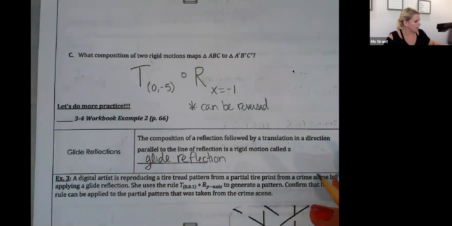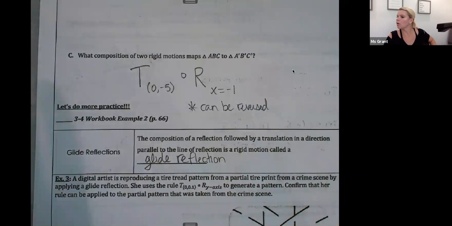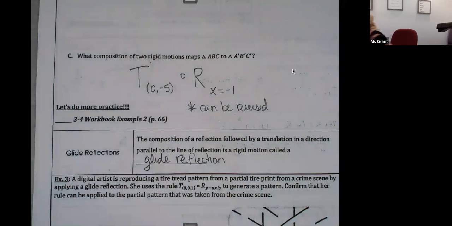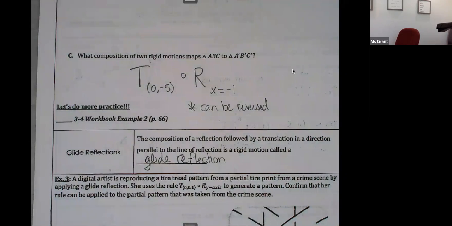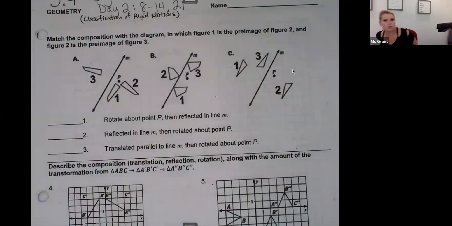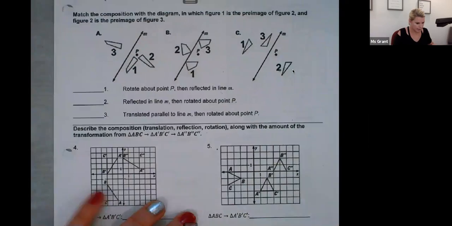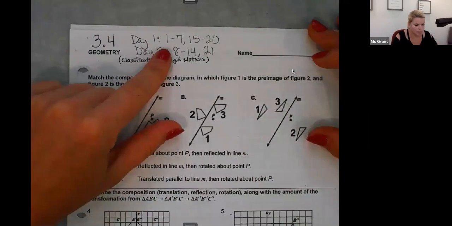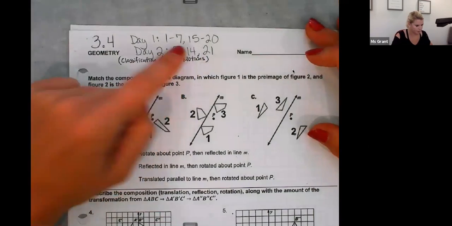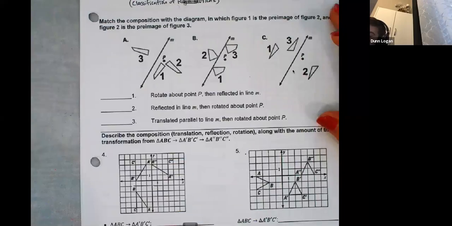I want to talk to you about your homework. Your homework page is this. Please notice that on Google Classroom, I already put which problems you're supposed to do. Day 1, that's today, is just 1 through 7 and 15 through 20. Miss Grant, can you go back to the other one and up a little bit?